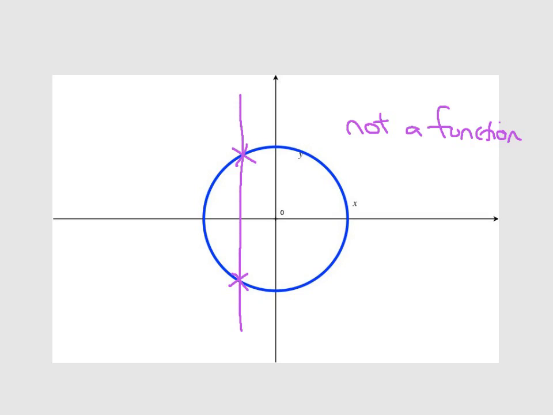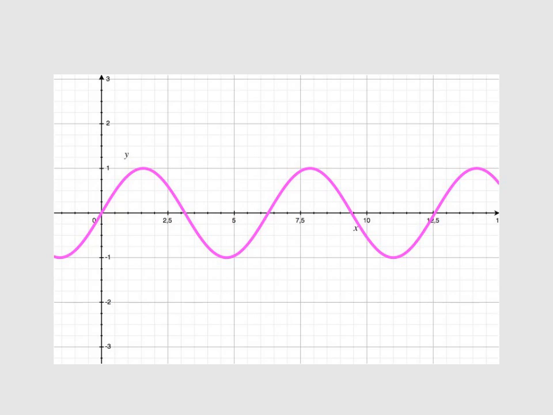Let's look at another example. Again, we ask ourselves whether or not this curve represents a function of x. Once again, we're going to use the vertical line test. And we're going to see whether or not we can draw a vertical line anywhere along this curve's length, which cuts the curve more than once.